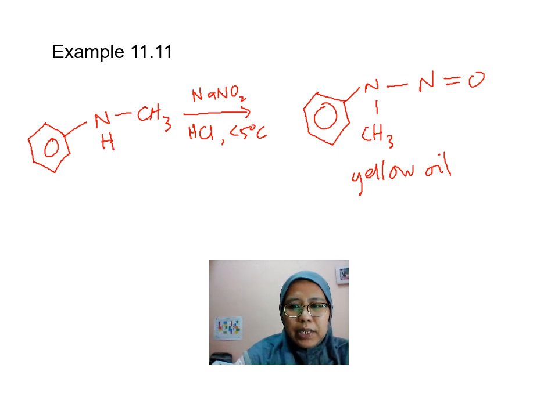Let's look at example 11.11. Given to you is a secondary aromatic amine reacting with nitrous acid. It's going to form this product, which is going to give a yellow oil dispersed.